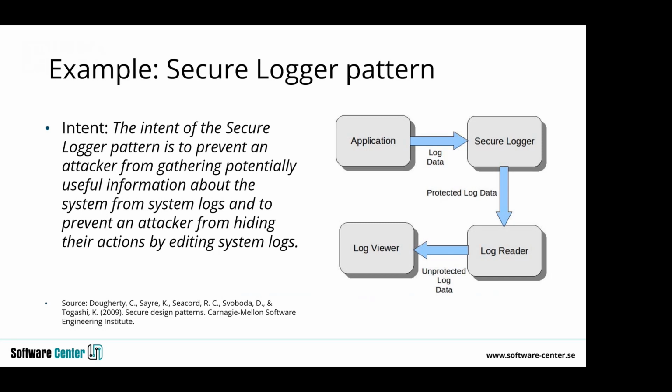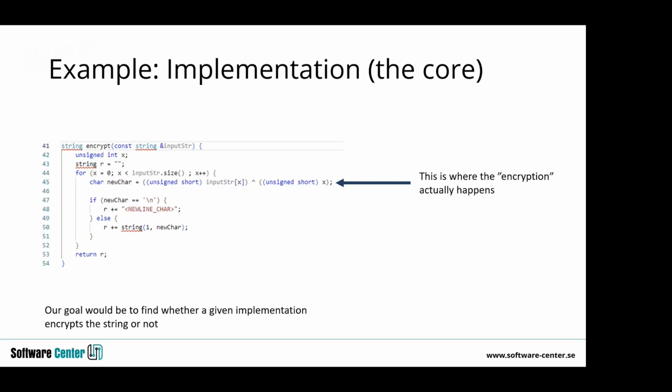We take a design pattern that has been described somewhere, or we take a commandment for secure programming from companies, or an example of a commandment or design guideline that talks about security. We identify the code that is related to it.